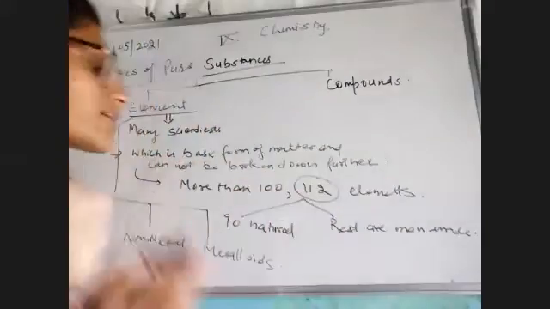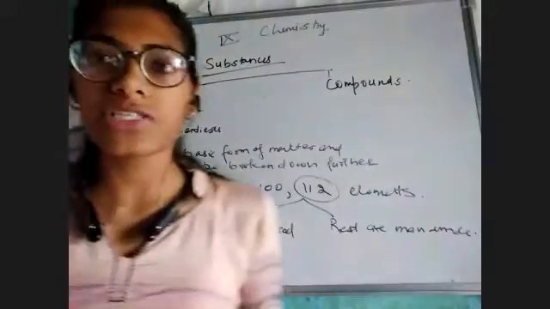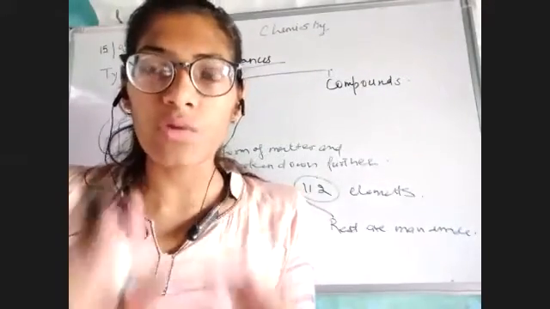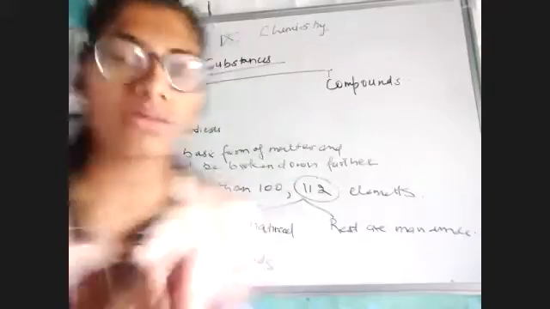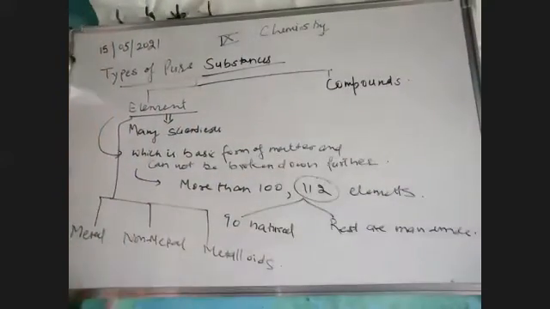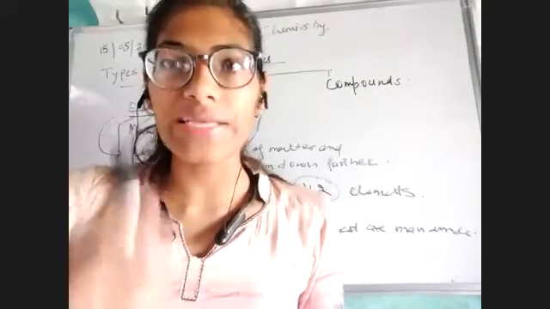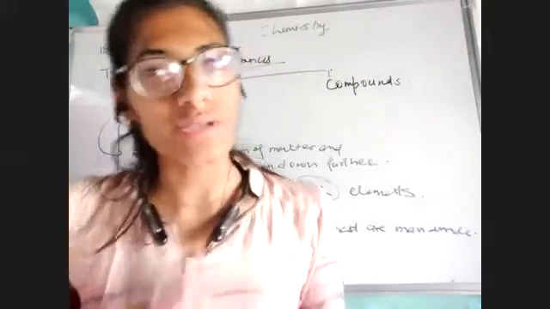Today also we will get the basic information about these three, because in your higher classes, especially in 10th class, you will get a complete chapter only on metals and non-metals. But right now for your syllabus, we have to get just the basic information about metals as well as non-metals.